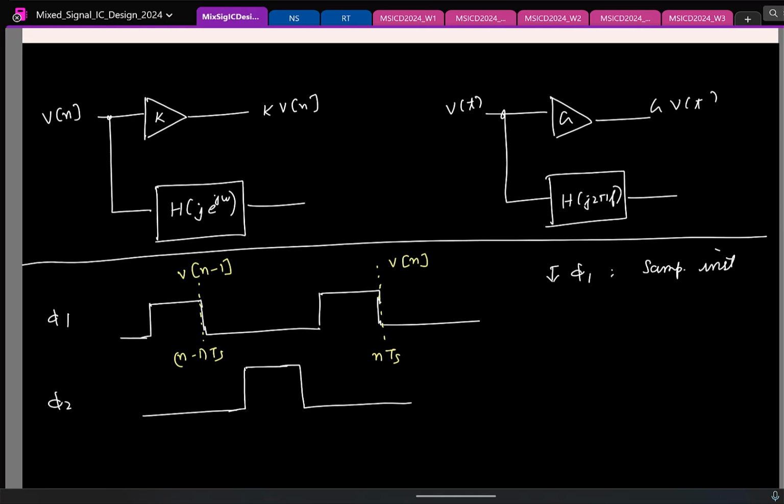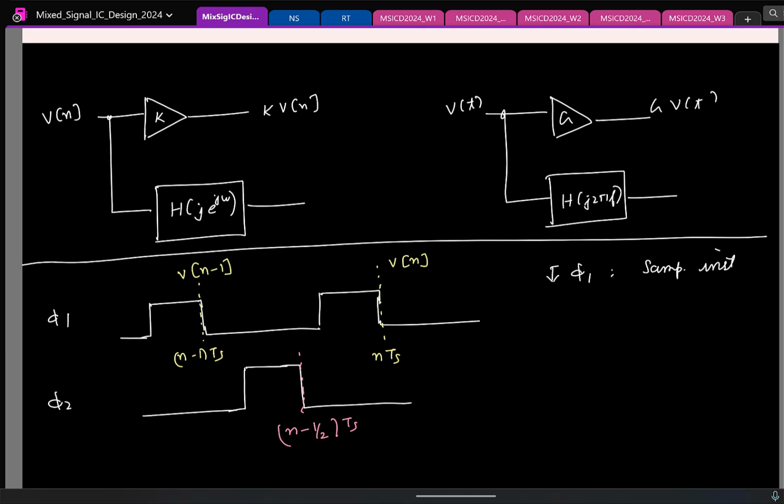This is the notation we'll consistently follow. And also just for analysis, we'll define this time instant, the falling edge of phi 2, to be n minus half times Ts. It is not as though the spacing is Ts by 2, but just for notational purpose we do this.